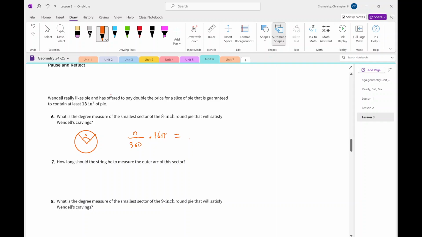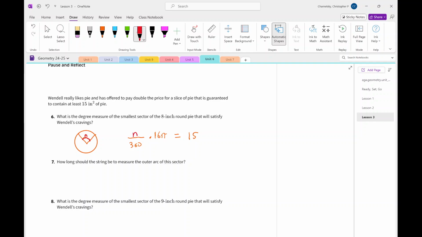And we know all of that has to come out to be 15 square inches. So really we're working backwards. Let's make that red there. We are trying to find n, basically trying to get n by itself.